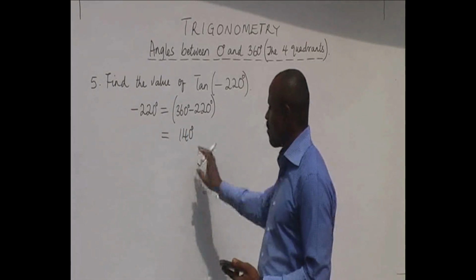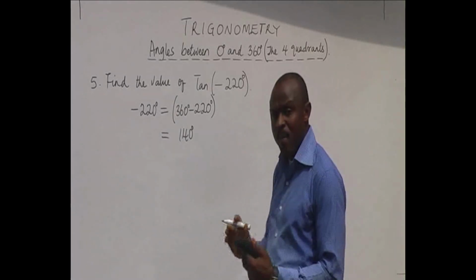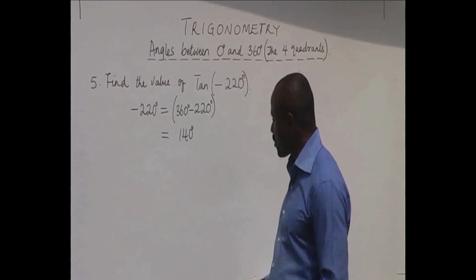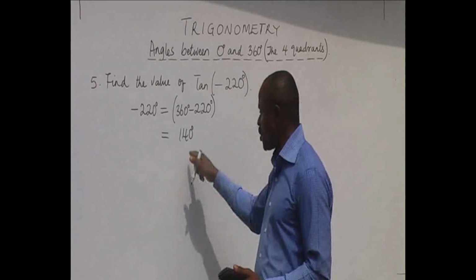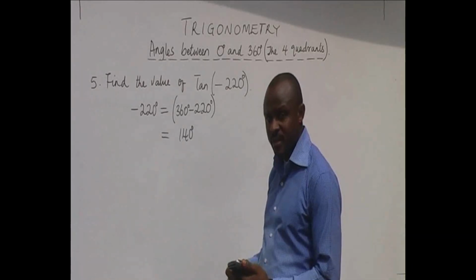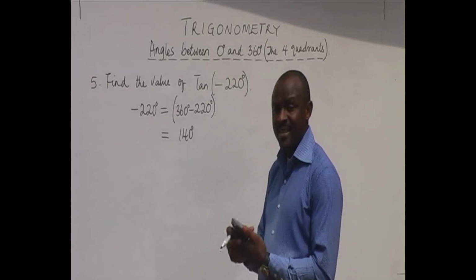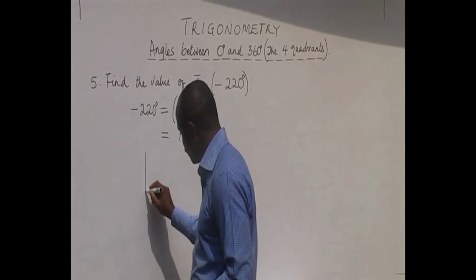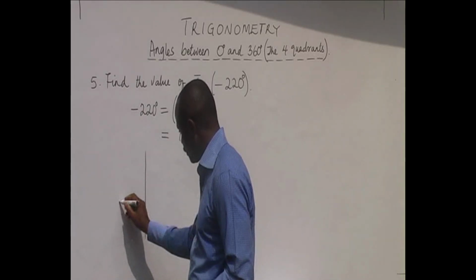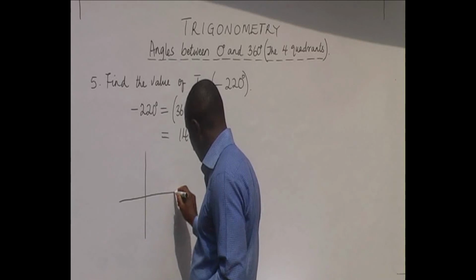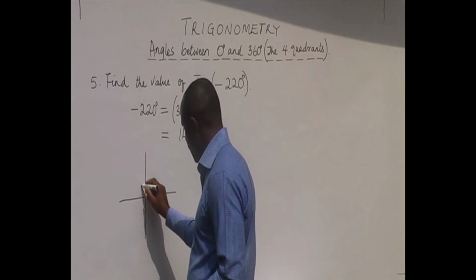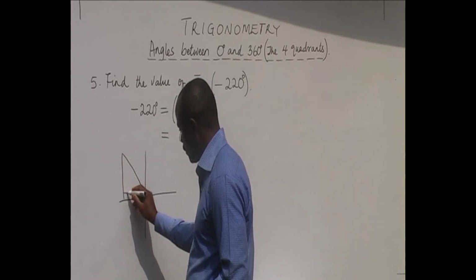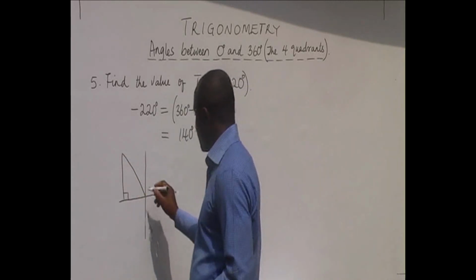It is now this 140 that you apply the normal principles we have been working on. First of all, ask yourself, in which quadrant is 140 degrees? 140 degrees is in the second quadrant. So draw your second quadrant. So this is the triangle of your second quadrant. And this is your theta.